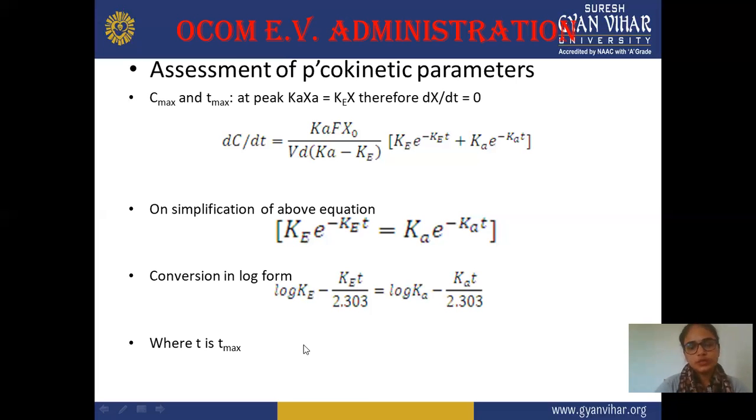Thus t is Tmax, meaning the maximum time required for this assessment. So this is a modified equation of the previous pharmacokinetic assessment equation. And this is a simplified equation of the above equation, and we convert it into log form, applying the log, then it gives this equation.